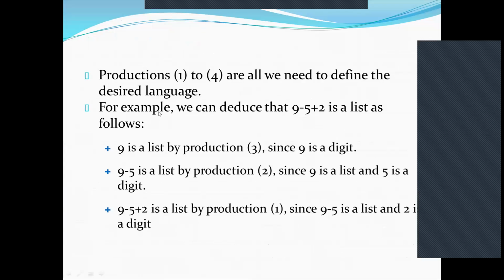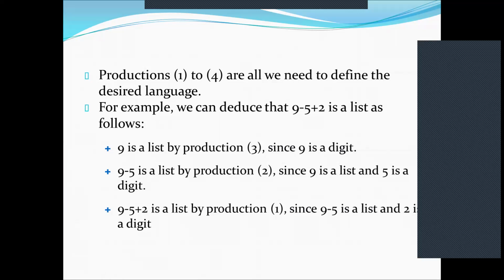Okay. So now the 9 minus 5 plus 2, the whole thing has been deduced as a single list. So now if I add anything to 9 minus 5 plus 2, if that comes under a digit, then that can also be considered as a list, or that can be considered as a production. Why am I making a production? Because if I have the production, I can make the parse tree. If you remember yesterday's class, in a production, there will be a start, and start is always the root of your tree, right? Then you go for the head as the left and the body as the right.